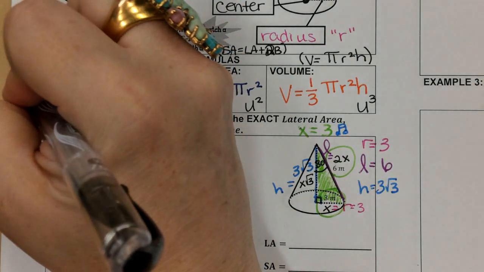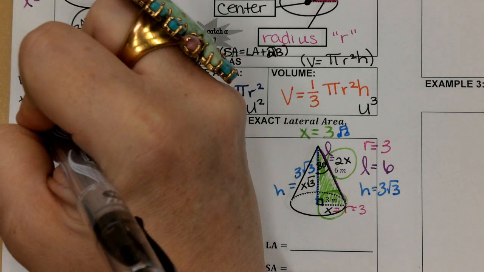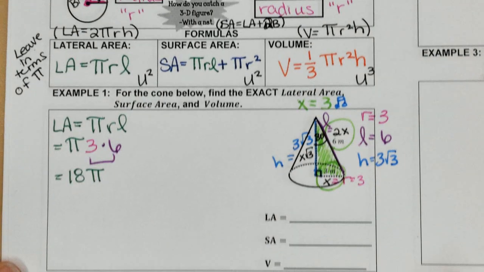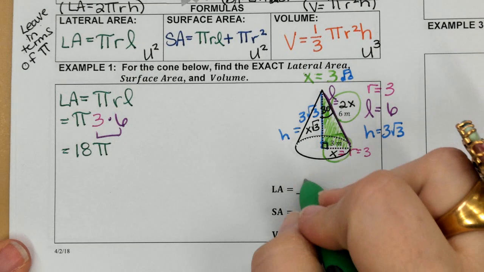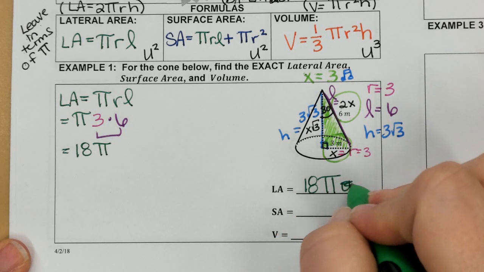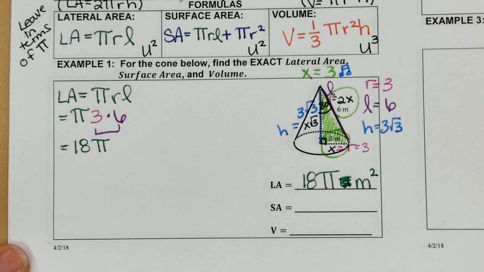We are going to leave it in terms of pi, same thing we've been doing. So the final answer is 18 pi with our units. Our units are meters, so meters squared.